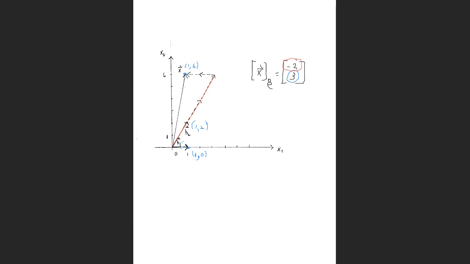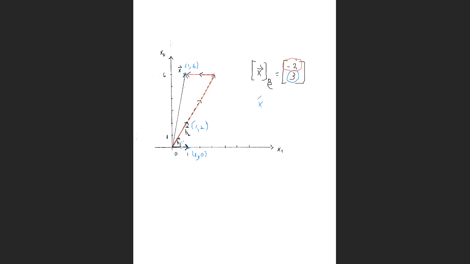So negative of that would be pointing in the direction of -1, 0, right? So I go -1, -2. And that gets me to the vector x.